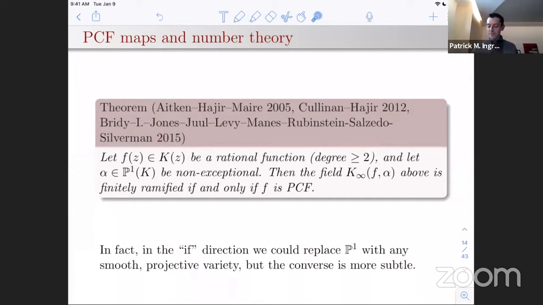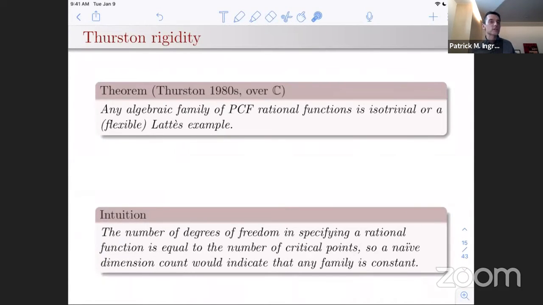So hopefully you have some reason why these may be interesting, and you can even sit down after the talk, of course, and try to write down examples of these sort of PCF polynomials or rational functions. And for rational functions, you can see that it's quite tricky. And I have not given you any examples of rational functions, but there are many.